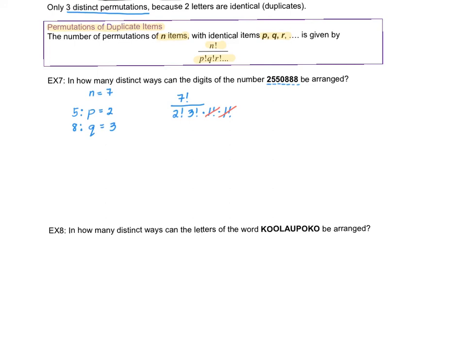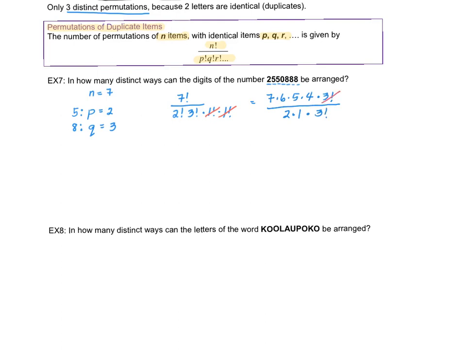So I could do this by hand, or I could use a calculator. If I were to do this by hand, I would probably go 7, 6, 5, 4, and in the denominator I see the 3 factorial is the largest factorial. So I'll do 2 factorial is 2 times 1, and then times 3 factorial.